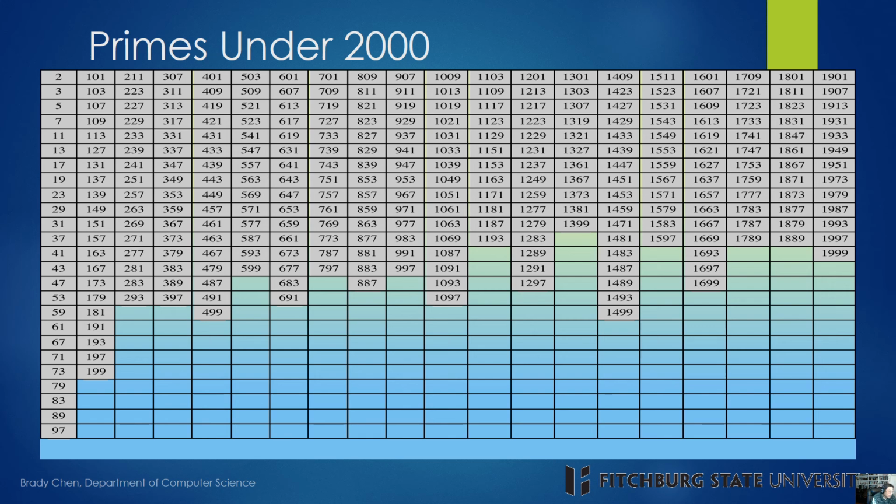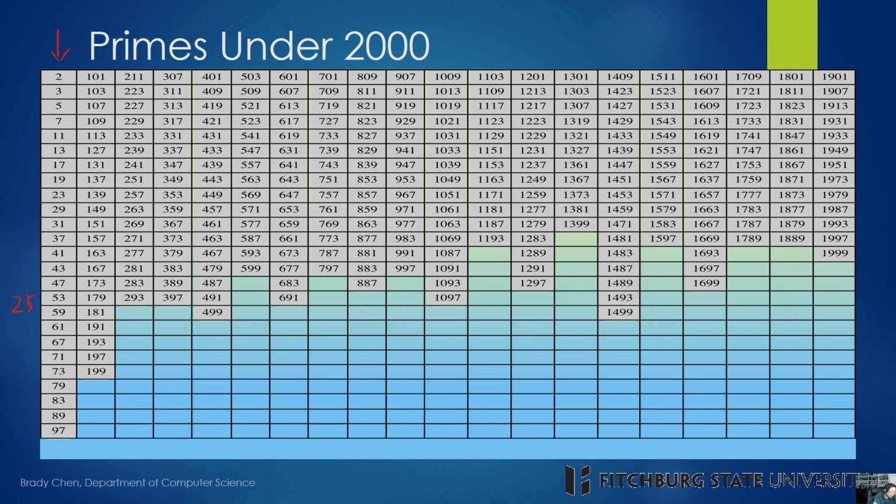For example, the number of prime numbers between 1 and 100, in the columns here, we find there are 25 prime numbers between 1 and 100. That's almost 1/4 of the total numbers between 1 and 100.